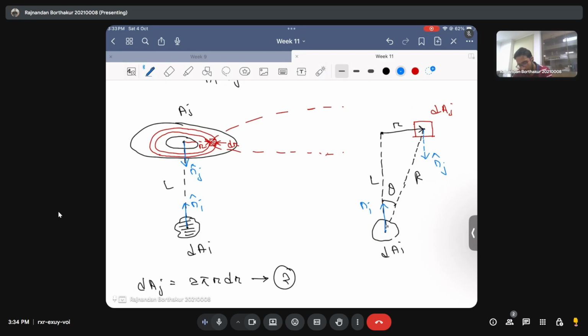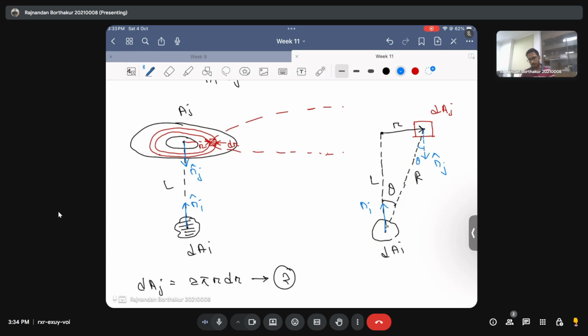That means the angle with which the unit normal of surface i makes with the line joining the centers of the elemental areas dAi and dAj is equal, as you can see, because this angle will also become equal to theta.